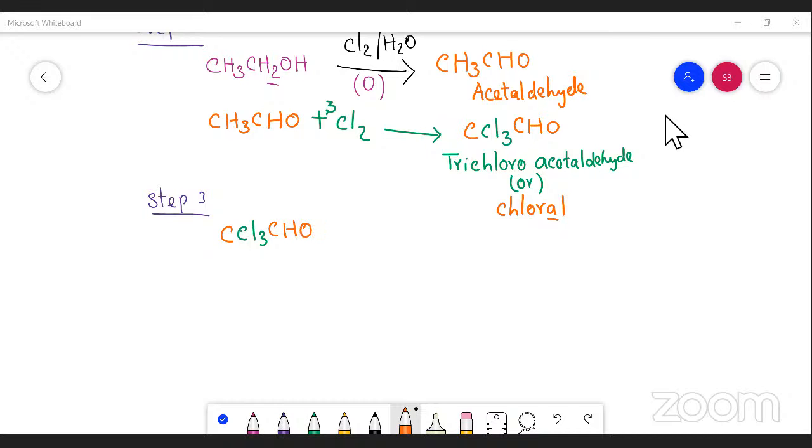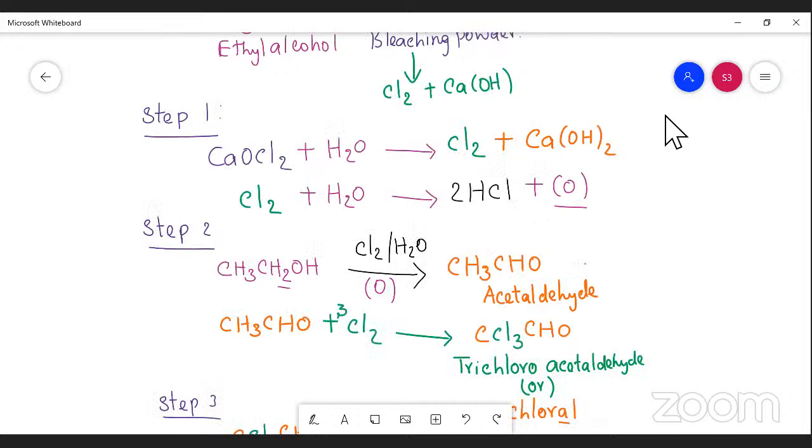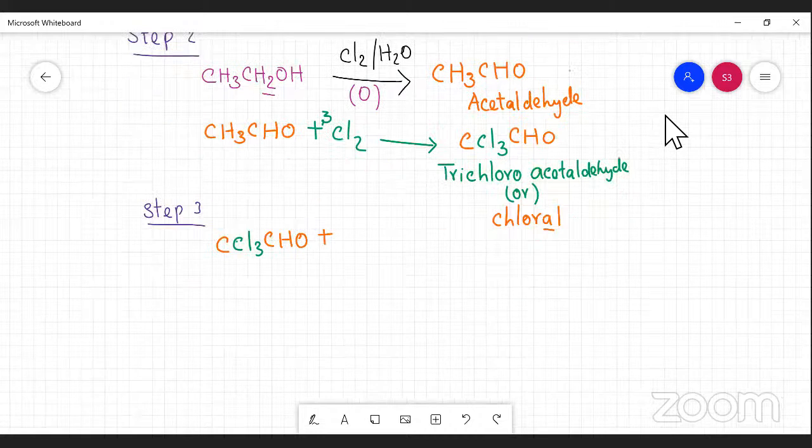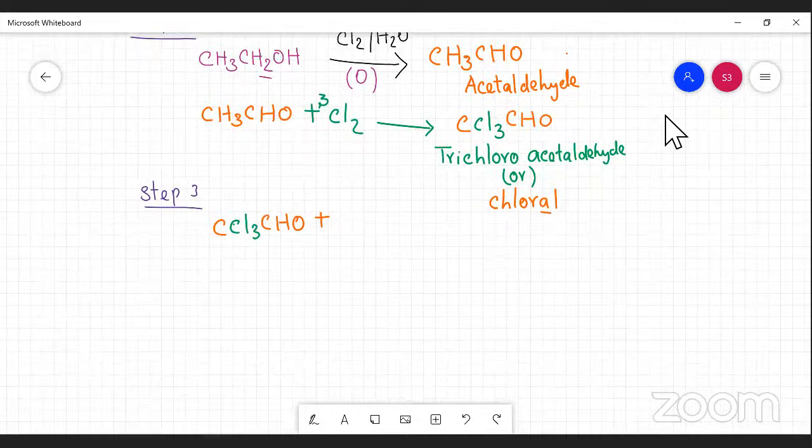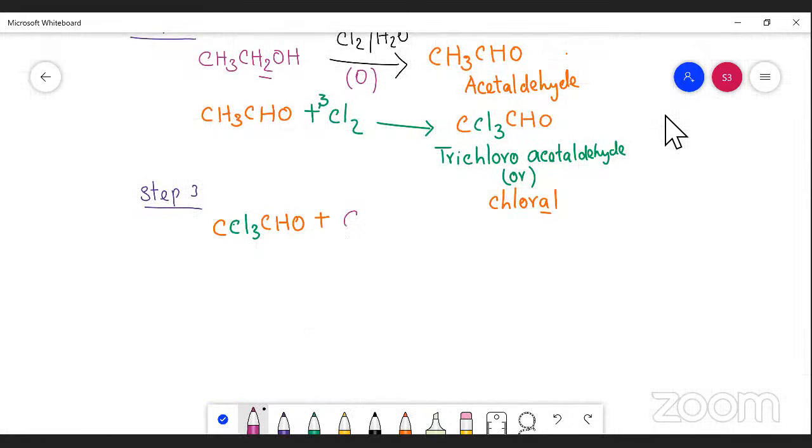This trichloroacetaldehyde is reacted with the calcium hydroxide, and the chlorine is produced from the bleaching powder.